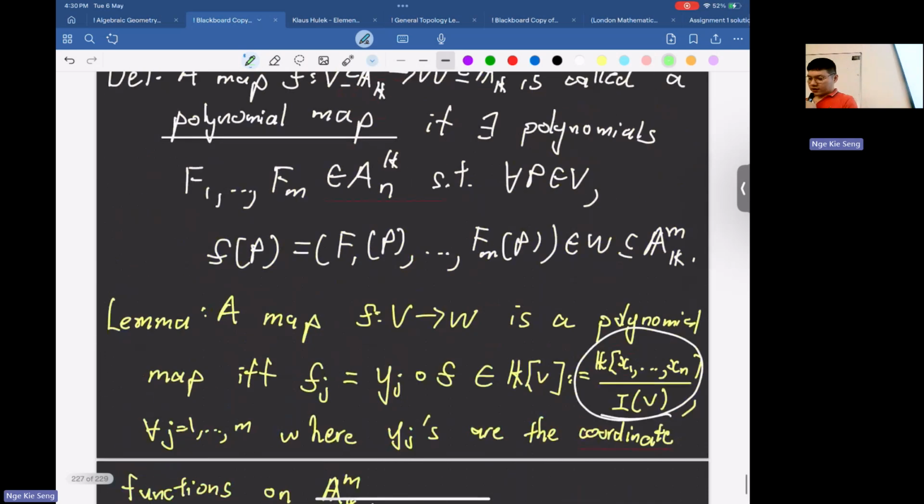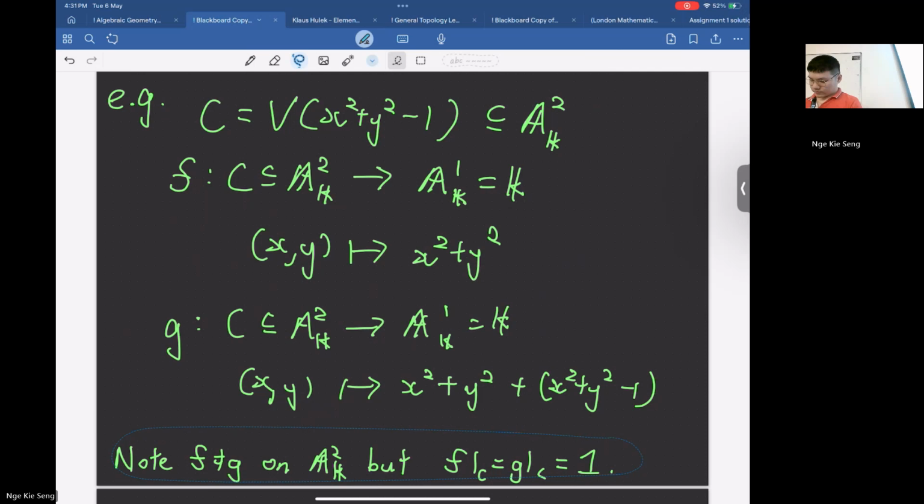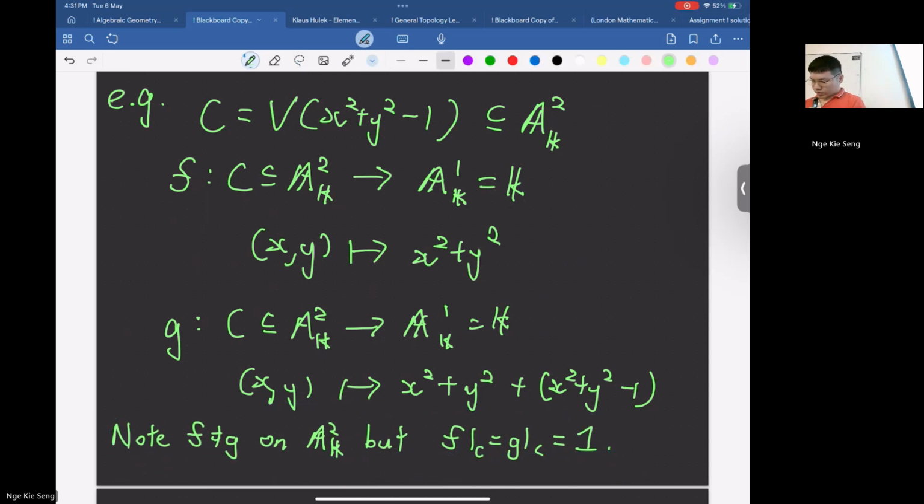Okay, so let me give you a context here. For example, here we will write that F is modulo G, mod out the ideal generated by, okay, so we know the ideal generated already, x squared plus y squared minus 1, like that.